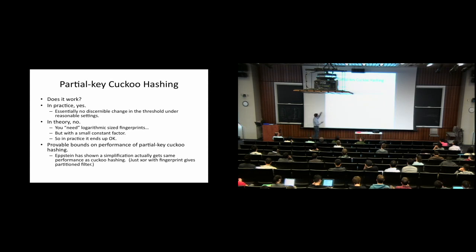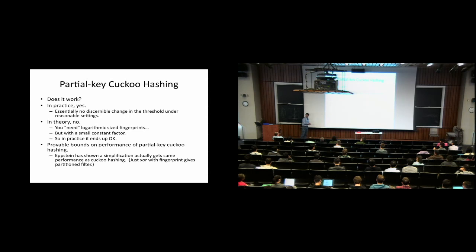But it turns out that, if you look closely at the theory, what it tells you is, for buckets of size b, the total number of bits you need is something like log n divided by 2b. So if we're using 4 elements in a bucket, your fingerprint, the theory tells you, should be like log n over 8. Log n over 8 is a constant, right, for most real numbers?